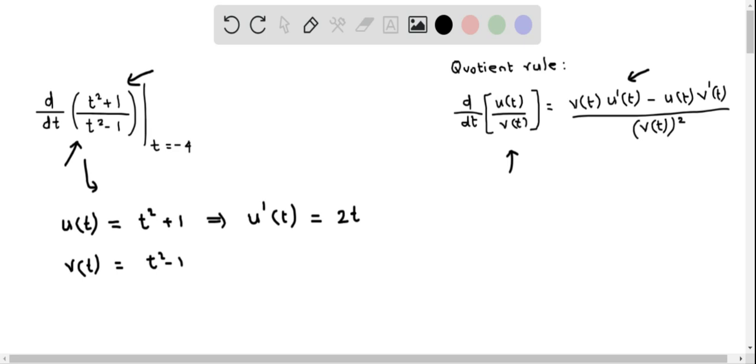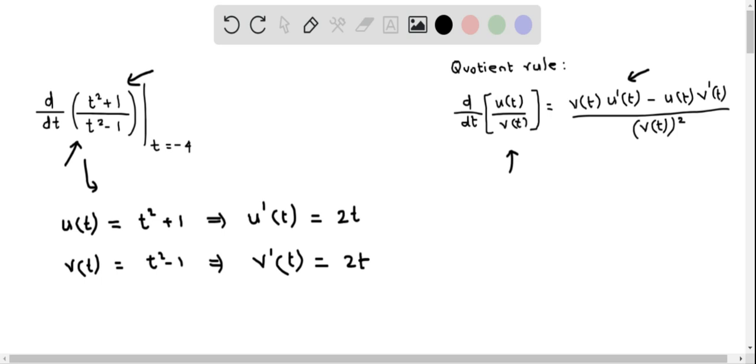So it's just 2t. And now we find the derivative of v of t, that is v prime of t, and this equals the derivative of t squared, which is once again 2t, and minus the derivative of 1, which is 0, so it's simply 2t.